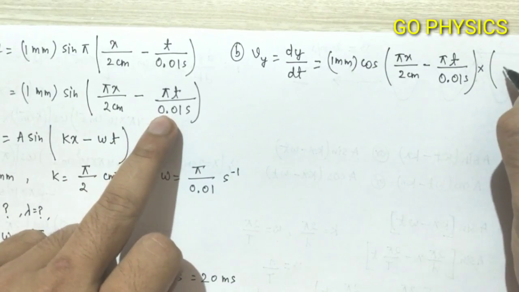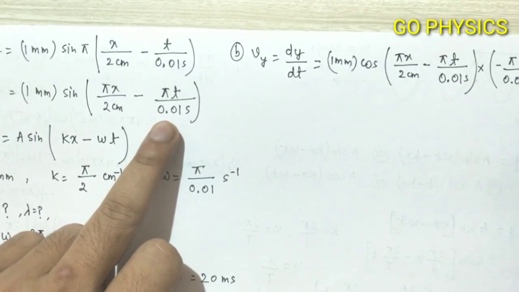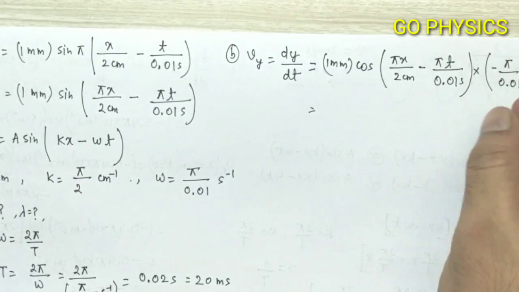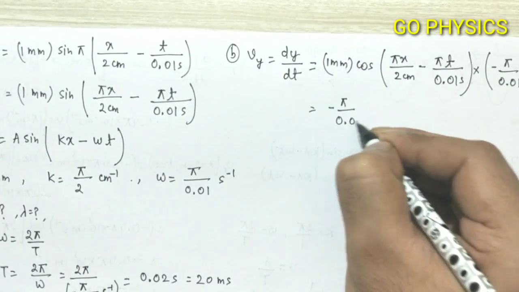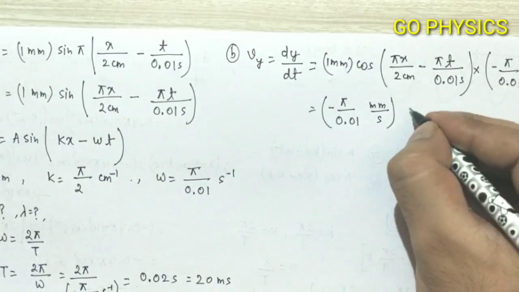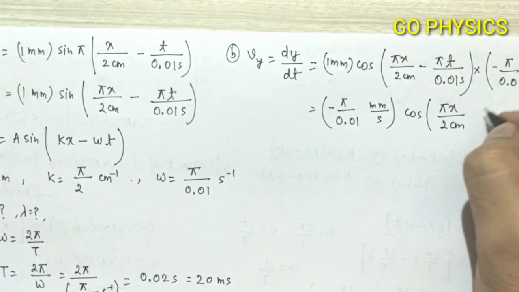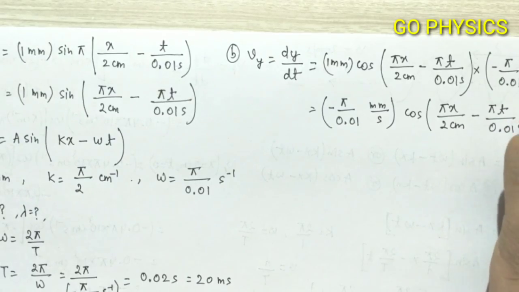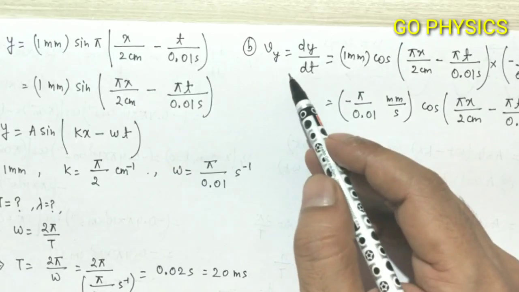And what is the coefficient of time we have? Minus pi by 0.01 second. So this is our velocity equation. If we simplify it, it will come out minus pi by 0.01 millimeter per second into cos pi x by 2 centimeter minus pi t by 0.01 second.